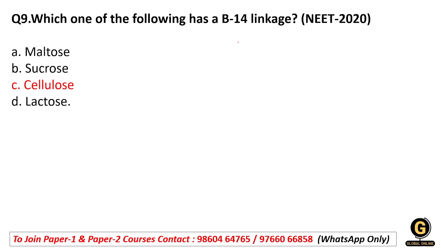Which one of the following has a beta 1-4 linkage? The options are maltose, sucrose, cellulose and lactose. So the correct answer is cellulose, because it is made up of beta glucose molecules.